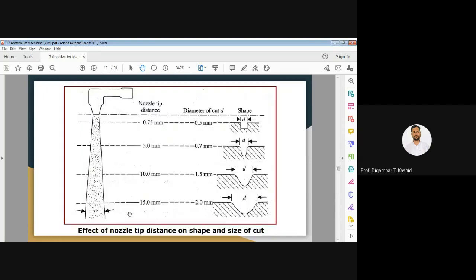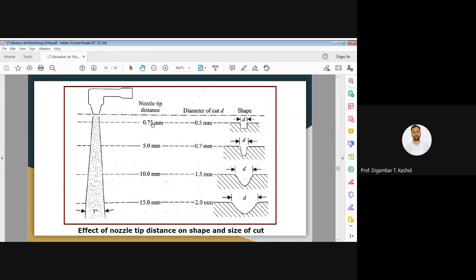Here again I have shown the same diagram in another way, with the help of statistics. Firstly, if you take the standoff or nozzle tip distance as 0.75 mm, the diameter of cut or cavity diameter you will get is 0.5 mm. The shape will be like this. If you further increase the nozzle tip distance up to 5 mm, then the diameter of cut also increases up to 0.7 mm.